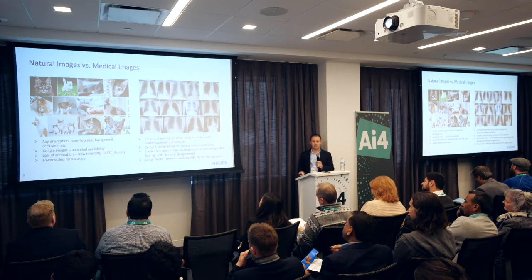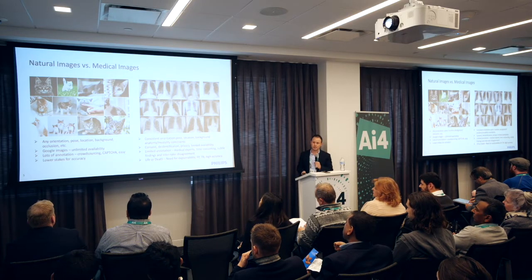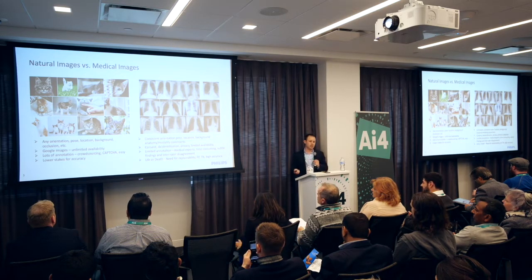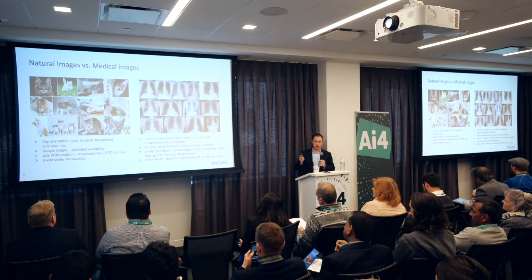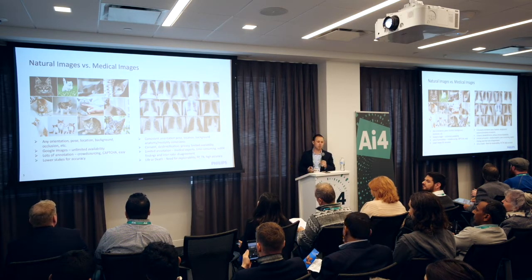So this is great for training machine learning algorithms, especially deep learning algorithms. And as well, we have lots of annotations. You can really crowdsource this type of thing. Anyone can identify a cat. Anyone can trace where the cat is in the image. Anyone can draw a bounding box around the image. And you don't need any type of expertise to understand what a cat is.